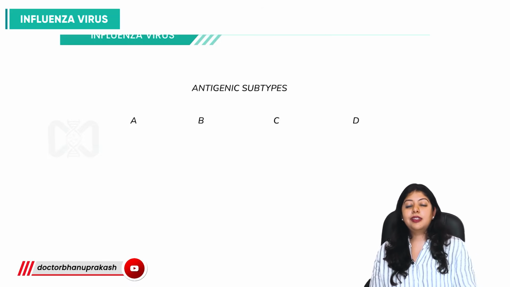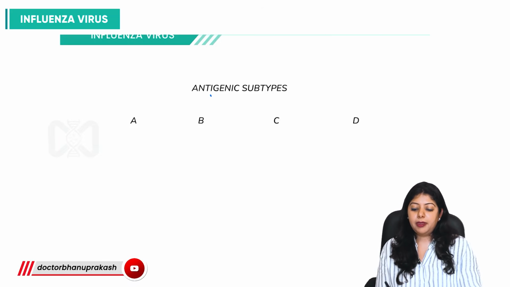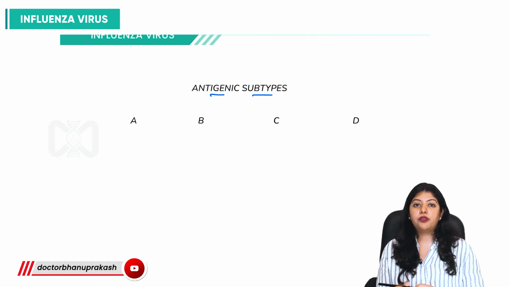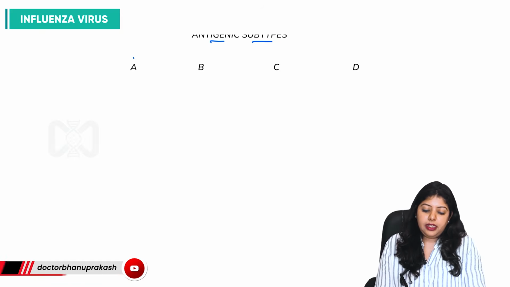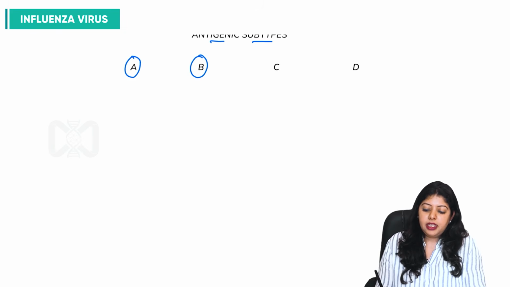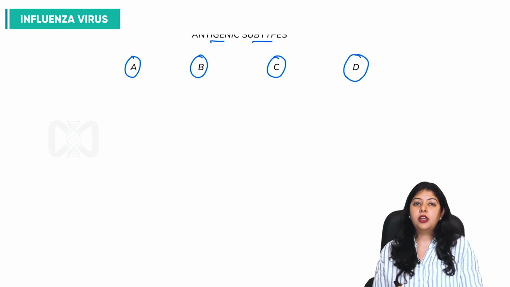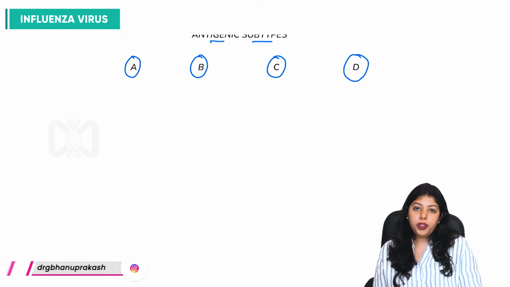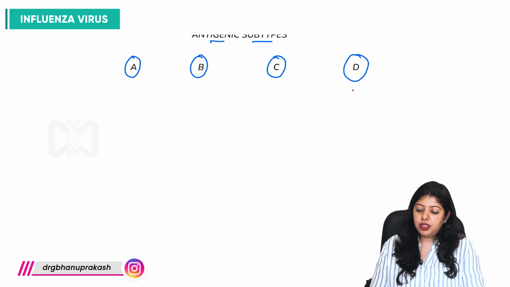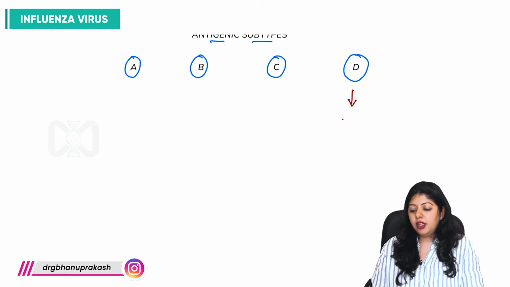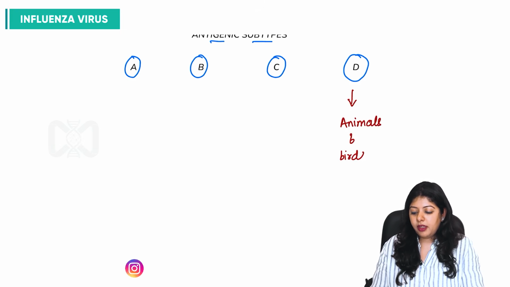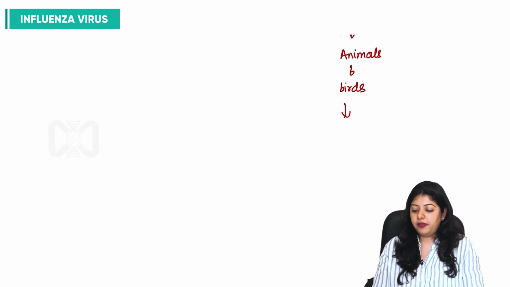Now let us discuss a little bit about antigenic subtypes or antigenic genera, which we have already discussed, that are A, B, C and D. Let us rule out the non-important ones first. So D are associated with animals and birds and do not cause human infection.